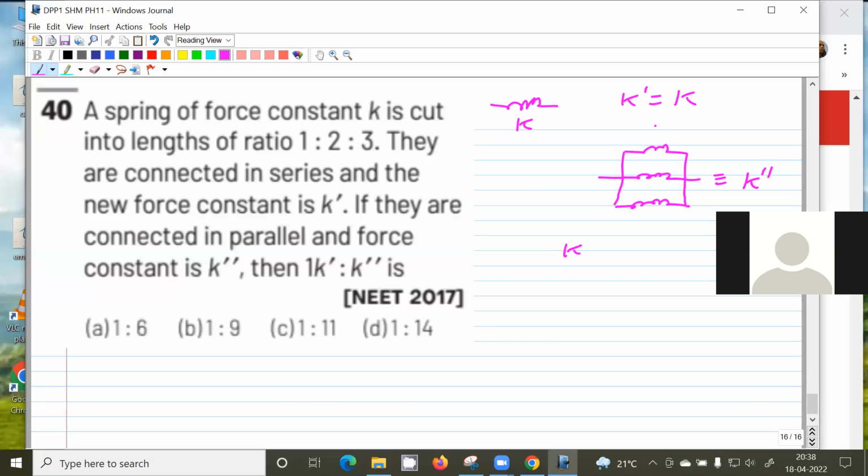So if the string is cut, I think the string function will remain the same actually for the period.